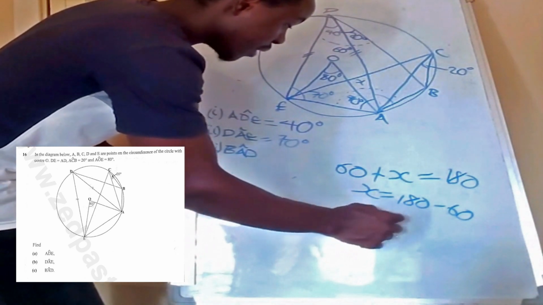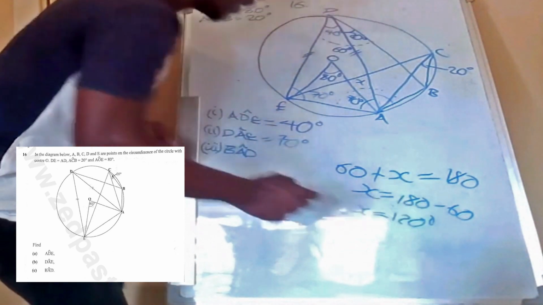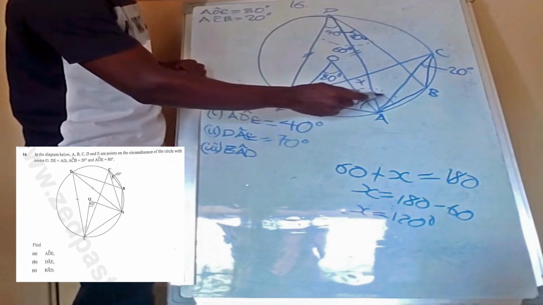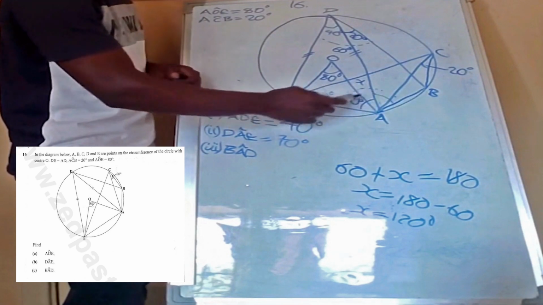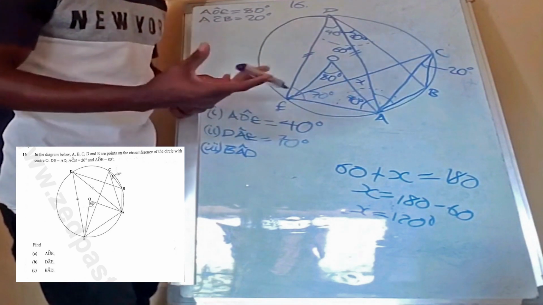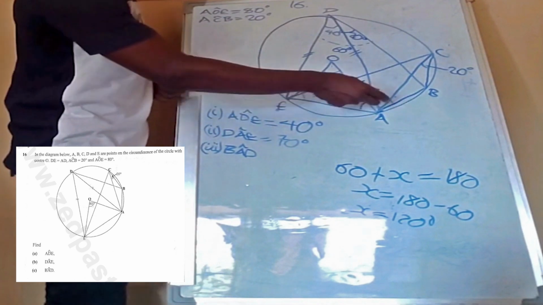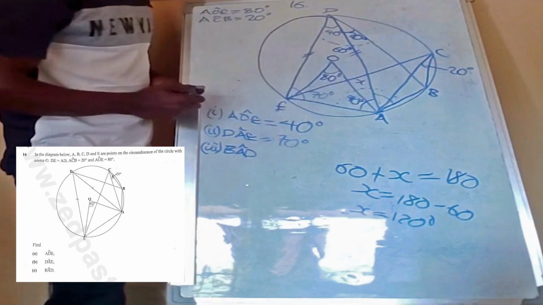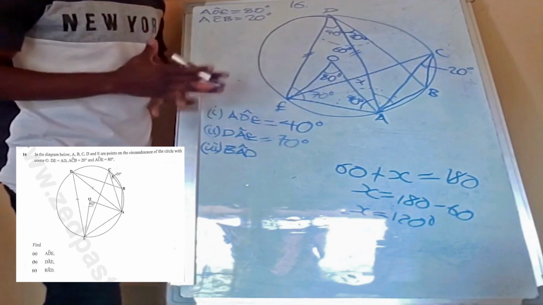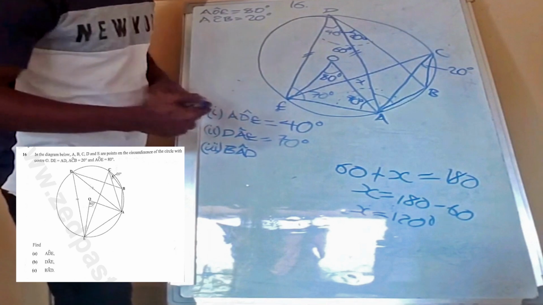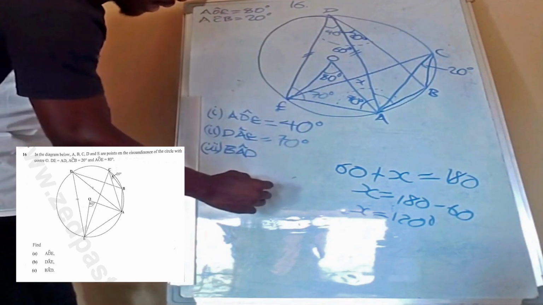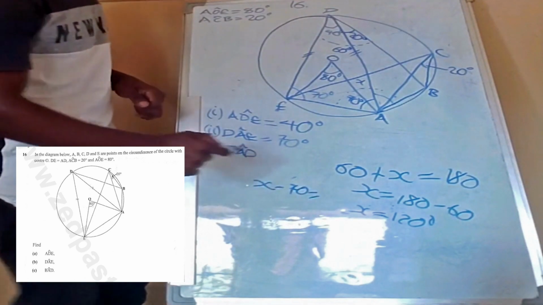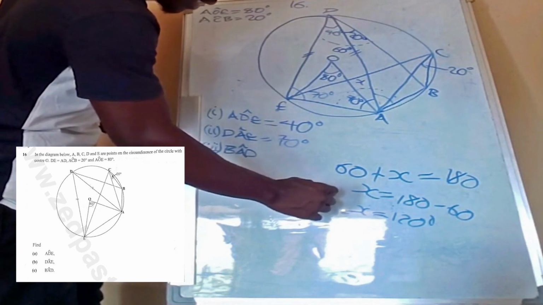So x equals 120 degrees. Now this x is from this point to that point, but what we're looking for is simply the one that is there. So x minus 70 will give us what is remaining there, which is angle BAD.